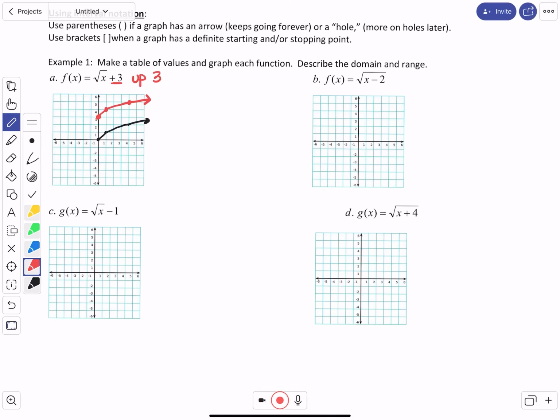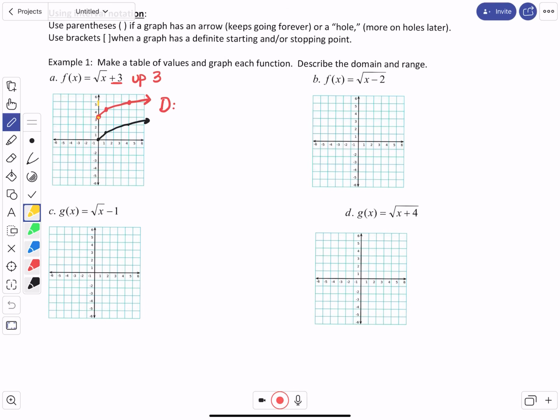So if we first do the domain, we are going to start here. So this is the domain that I just did in yellow. So we're talking about x values. Domain is another thing you talked about in Math 1. So domain is how far left, the furthest left that our x goes, okay?